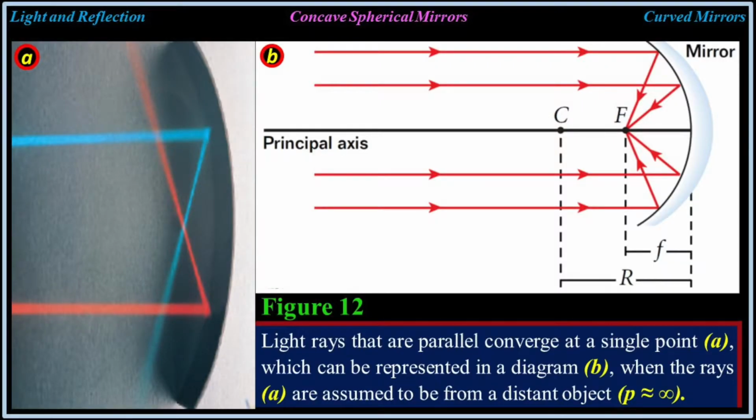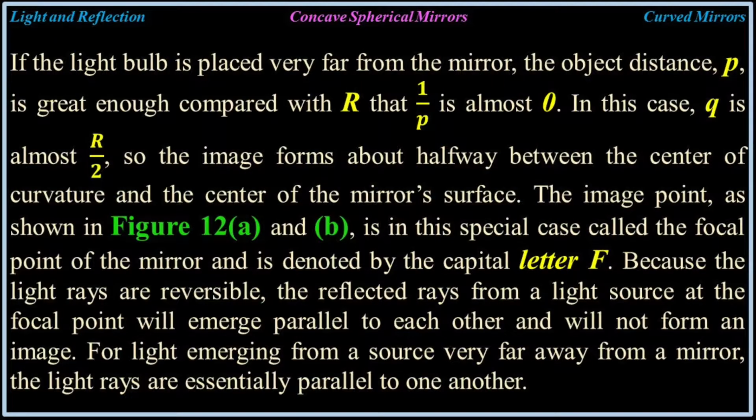Figure 12, light rays that are parallel converge at a single point A, which can be represented in a diagram B when the rays A are assumed to be from a distant object where P is close to infinity.